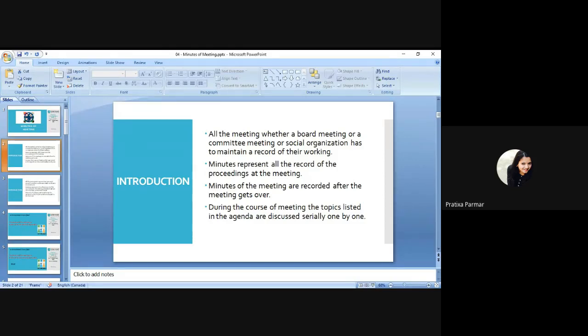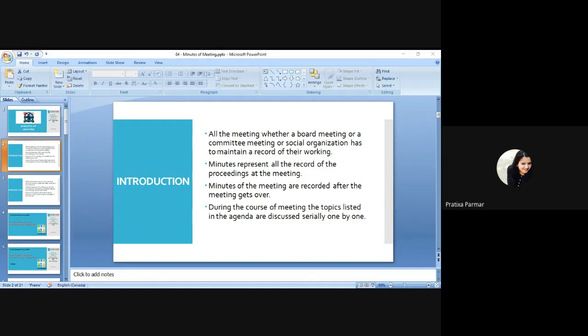Let me give you one example here. Let's say 5 of us are having a meeting, an online meeting due to this COVID situation. Once the meeting is over, I'm the one who has organized the meeting, so what I will do is maintain an official document of the meeting and mail that document to the other people with whom I had the meeting online.